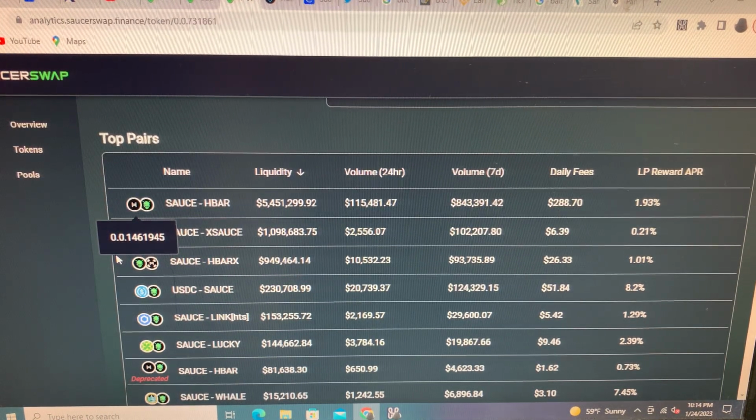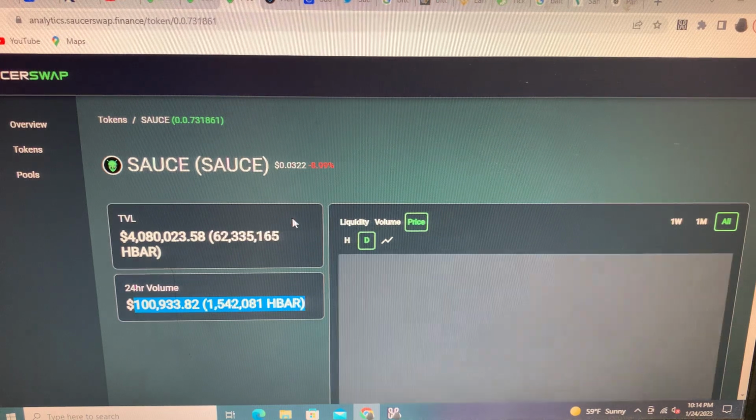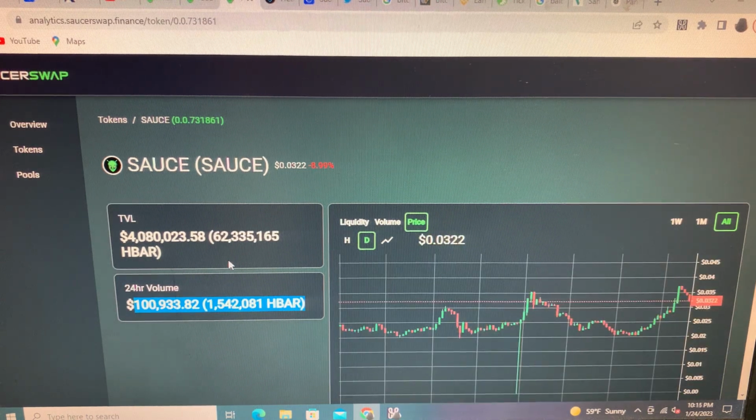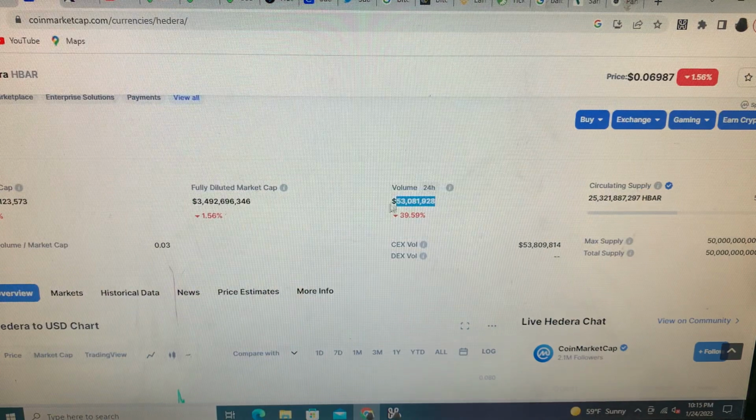Now this automated market maker will eventually reach volumes of, I'm talking about millions, like 10, 20, 50 million. Because I think, and this is my estimation, because of the utility that SaucerSwap has, this is going to explode, and it's gonna share not just right below 1%, because right now, look at the volume, it's at 100,000, and if we look at Hbar right now, the volume is at 53 million.